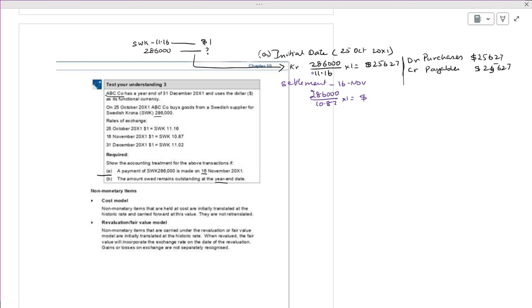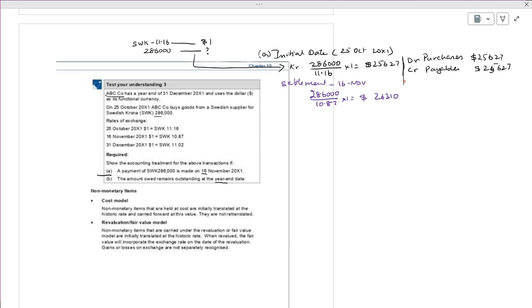26310. Is it right? They are settling. Are they paying more or paying less? Pay more. If they pay more, is it a gain or loss? Loss.